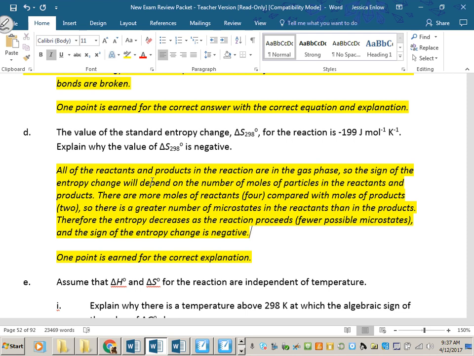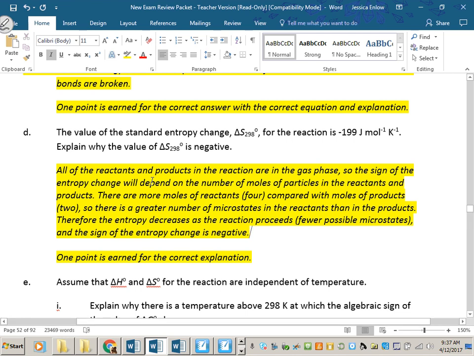They say microstates. Microstates is a term that actually means positional entropy, and positional entropy just means the positions it can take. Statistically, if you have more particles, you can have more statistical positions. And 1 point just for your explanation. Since you mentioned positional entropy, I would just say 4 moles of gas have higher disorder due to their higher number of states they can take.